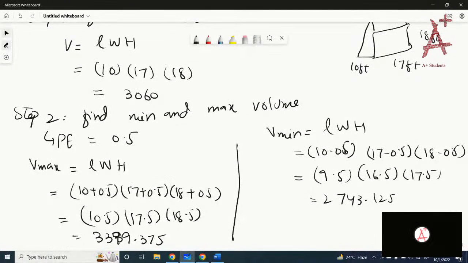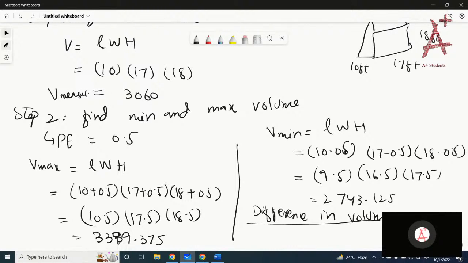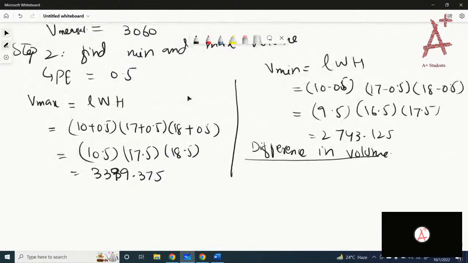Okay, now you have to find the greatest difference in volume. For the difference in volume, subtract the measured volume, that is the original value, from both the minimum and the maximum values. Let's see what happens.